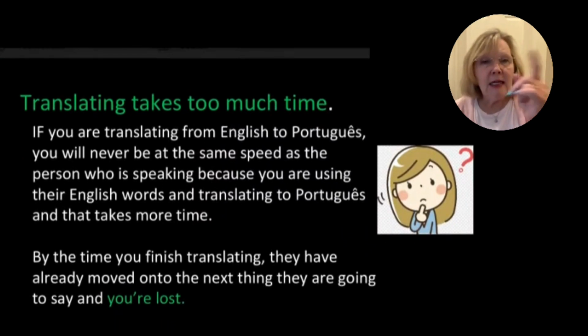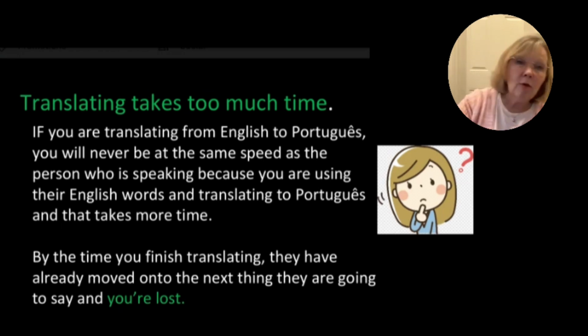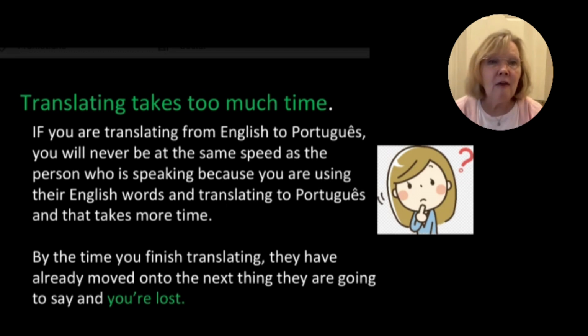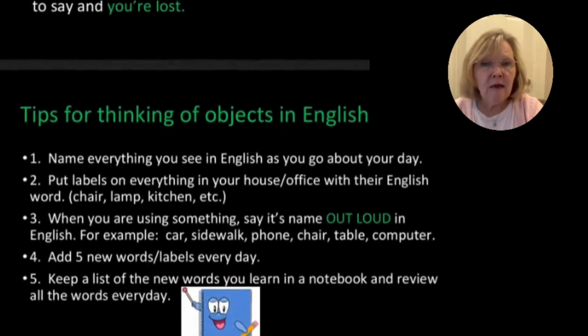If you're translating English to Portuguese, you will never be at the same speed as the person who is speaking, because you're using their English words and translating to Portuguese, and that takes more time. By the time you finish translating, they've moved on to the next thing they're going to say, and you're lost.